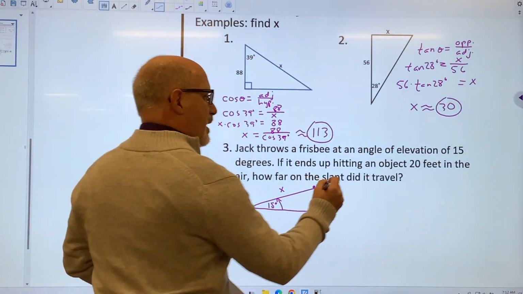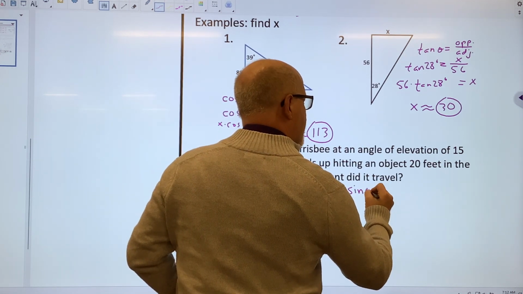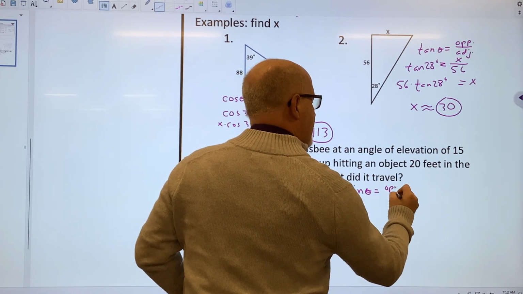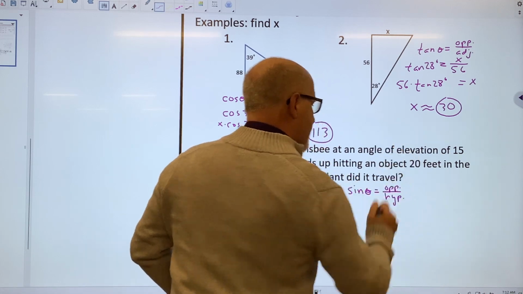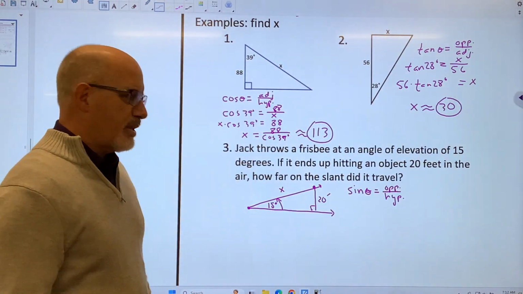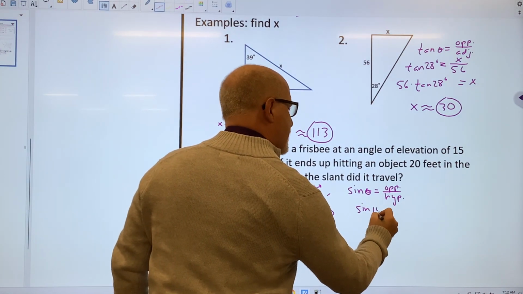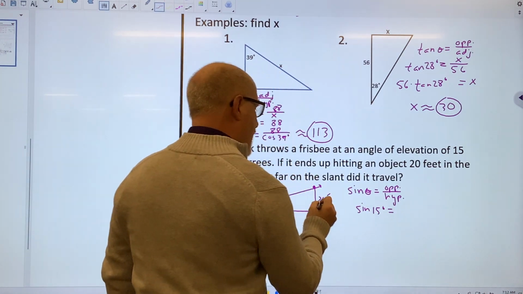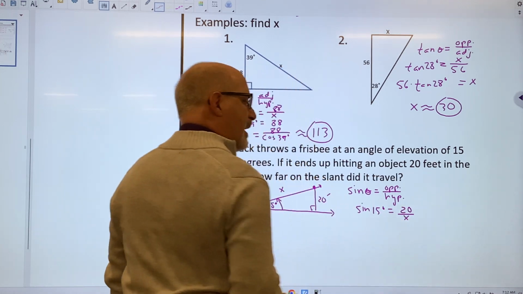So if I set up my trig function, I'm going to have sine of theta is equal to opposite side over hypotenuse. Now when I put in those values that I know, I'm going to have sine of 15 degrees is equal to the opposite side, which is 20, over the unknown, which is x.